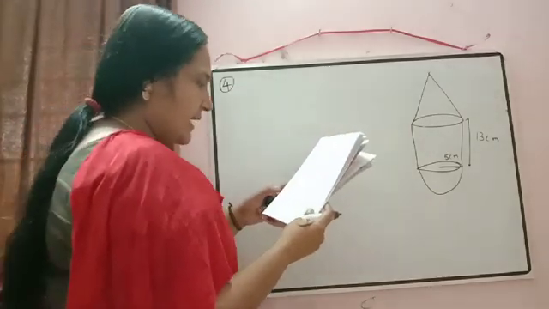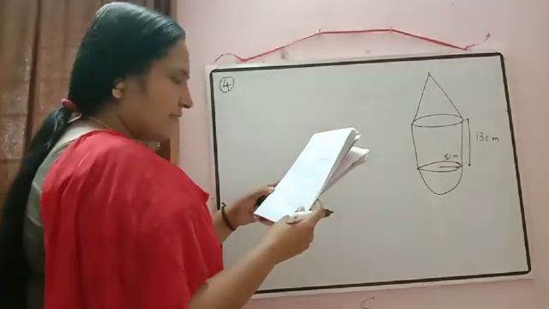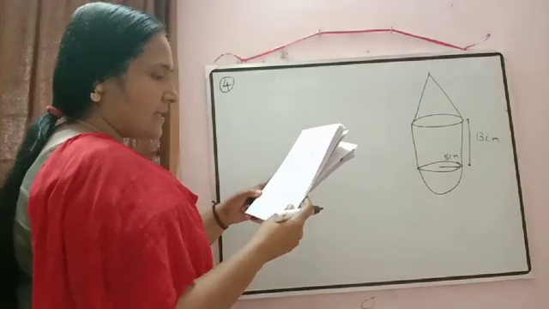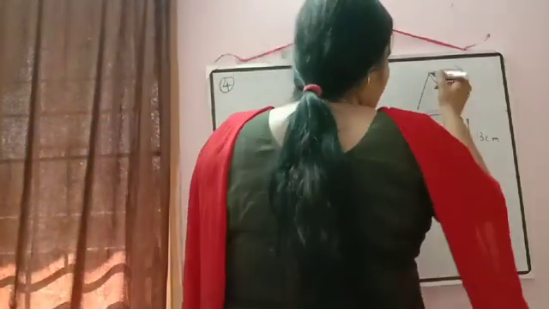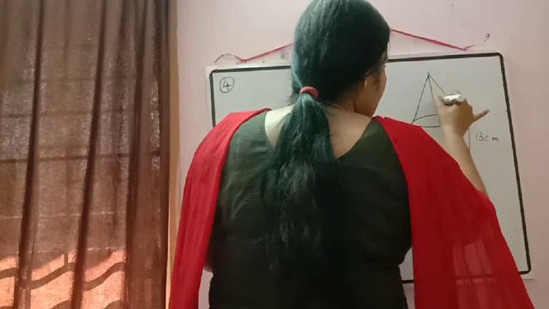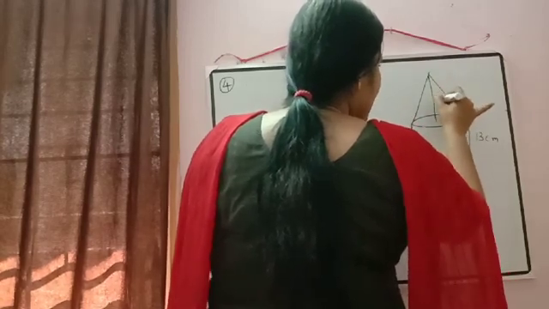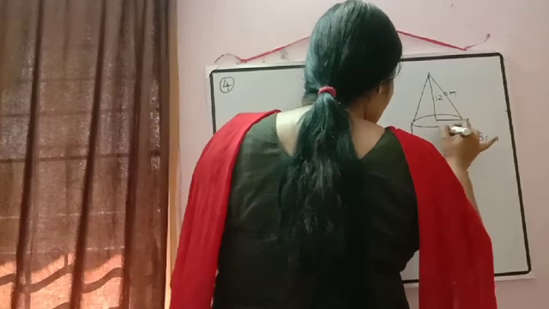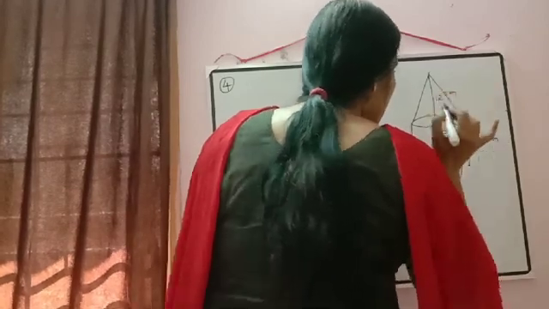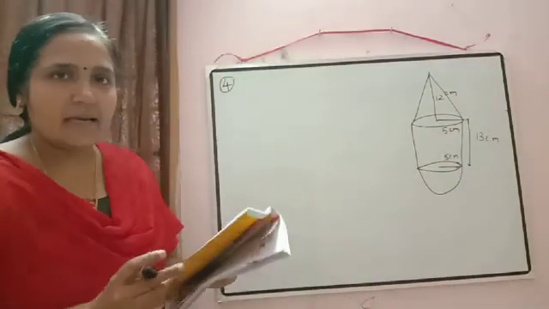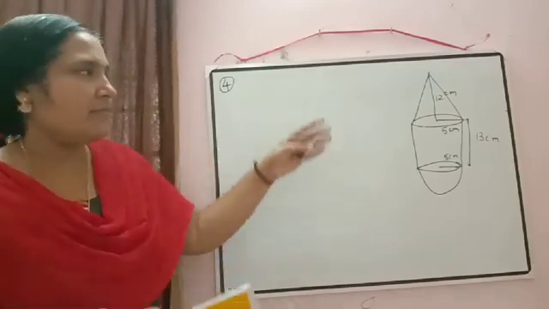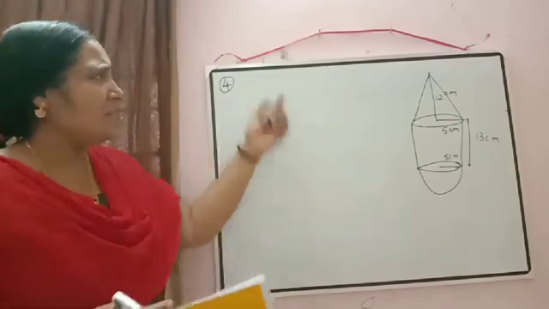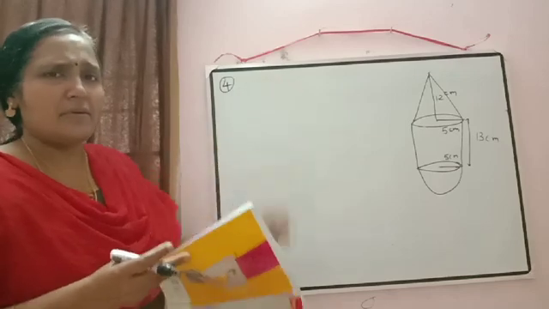Find the surface area of the toy if the height of the conical part is 12 centimeter. Height means always the value of h is given. Height of the conical part is 12 centimeter and radius as given in the question is the same. So whatever information is given, mention it in the diagram.